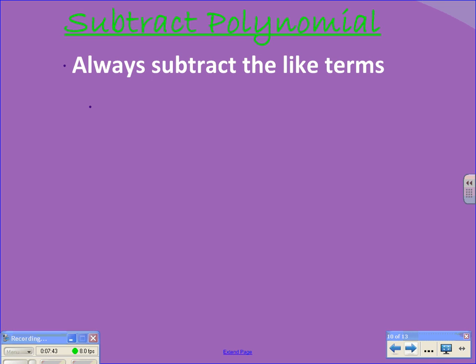Subtract polynomials. Always subtract the like terms. We all know that we're going to be subtracting the like terms. But now, since we're subtracting, we're going to have this minus sign, which will be changing the problem.